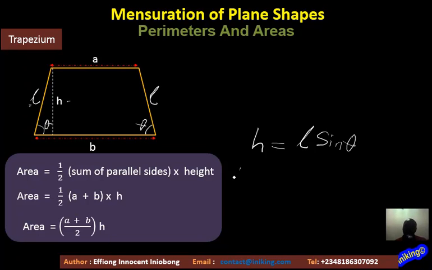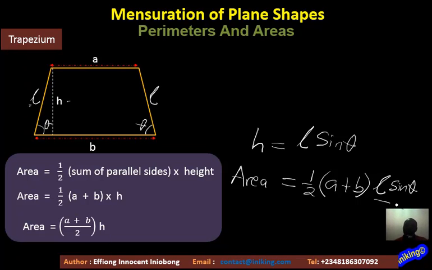And then the area of the trapezium in that situation will then be half, again, the sum of parallel sides A plus B, and then in place of the height, that's your H, you will just have L sine theta. And that's all. So this is your height.